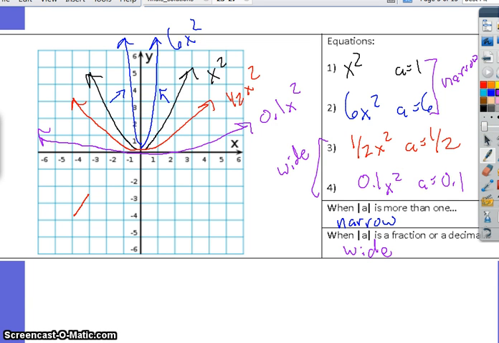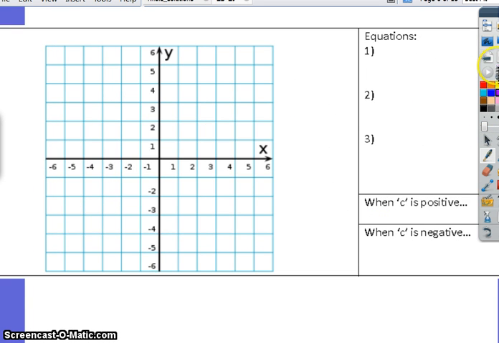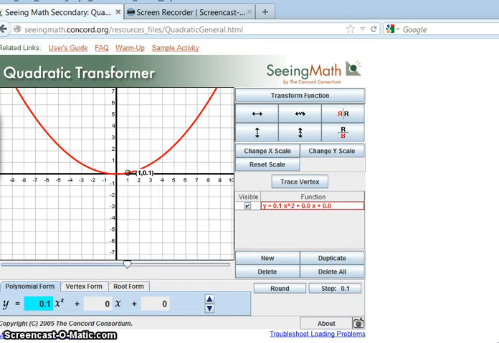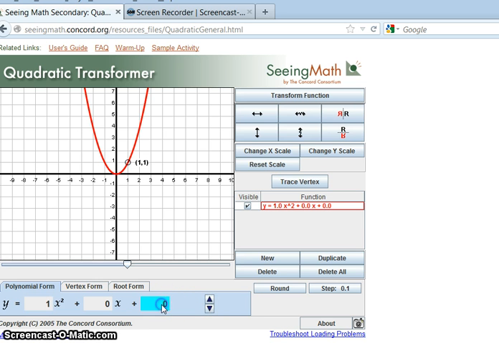All right, and then there's one more possibility. Let's start off again with my regular parabola. I'm going to make a 1. That's my normal parabola, and you can see here that c is 0. Now I'm going to change this parameter, c, the last one. If I increase c, my whole parabola shifts upwards.